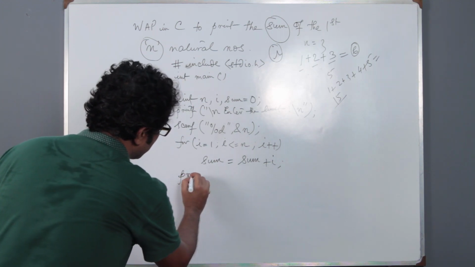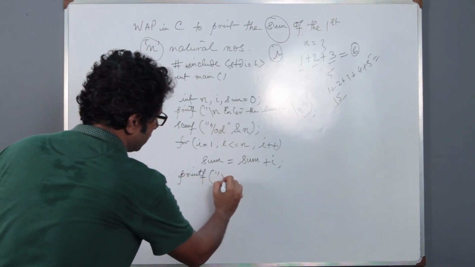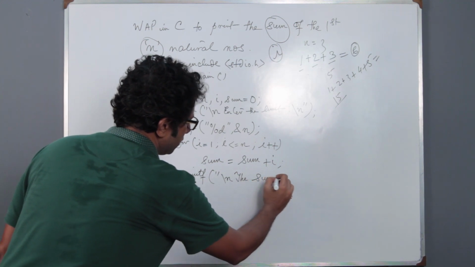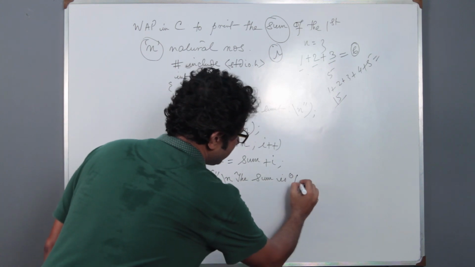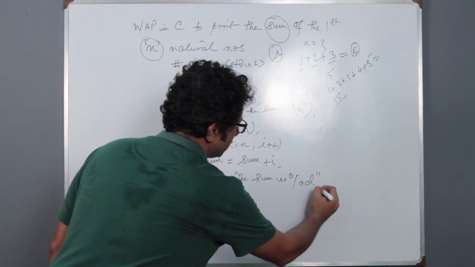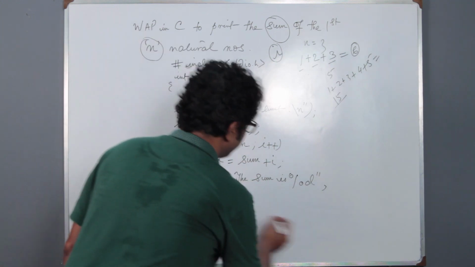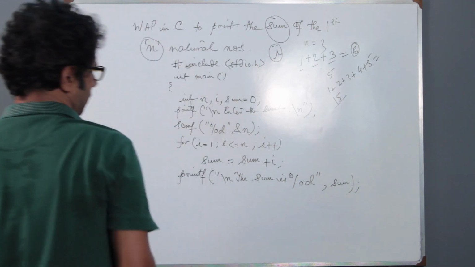That is printf, new line, "the sum is %d", and what we will print in this %d place, we will print the sum. So the variable will be sum.